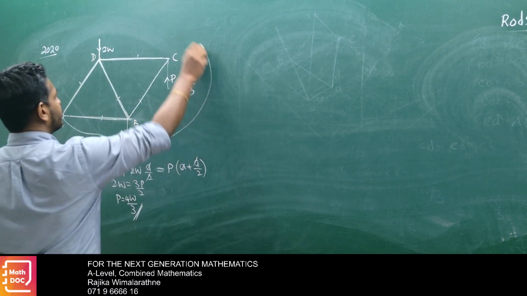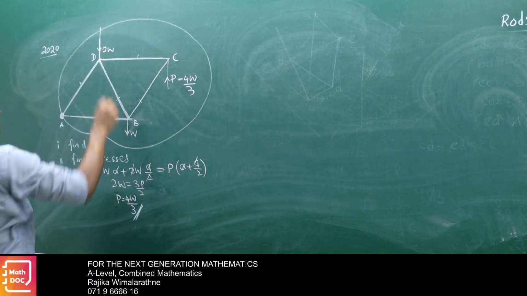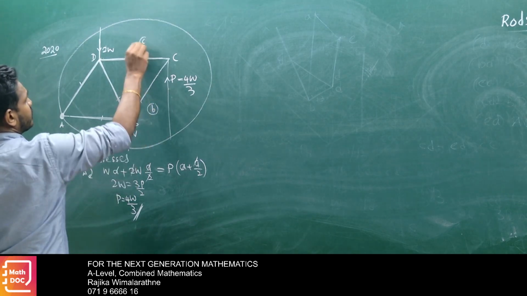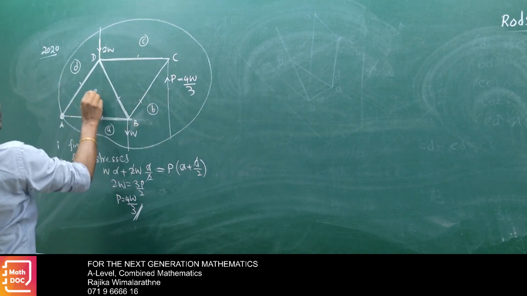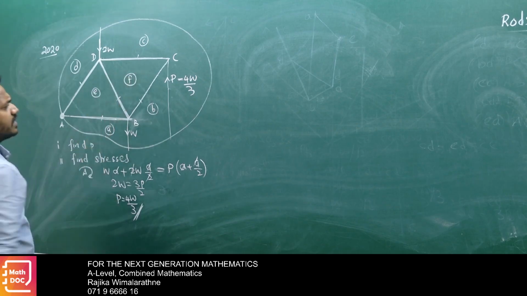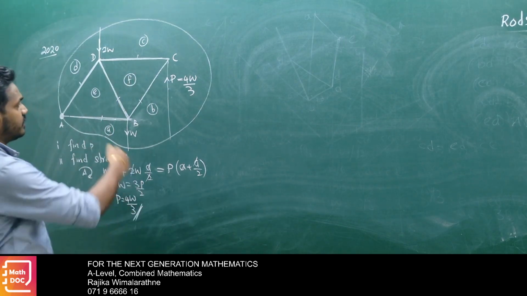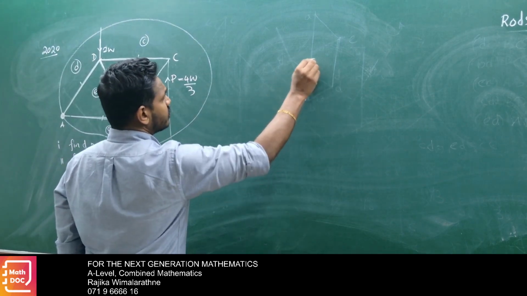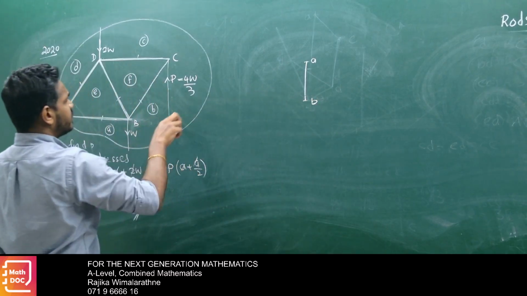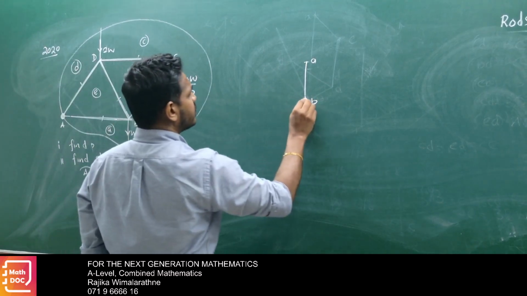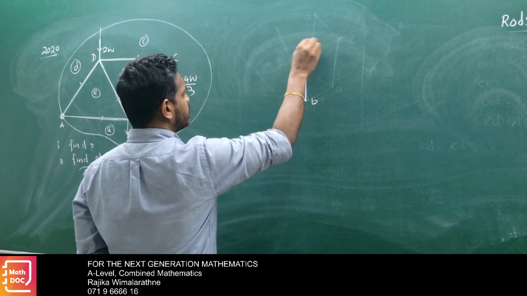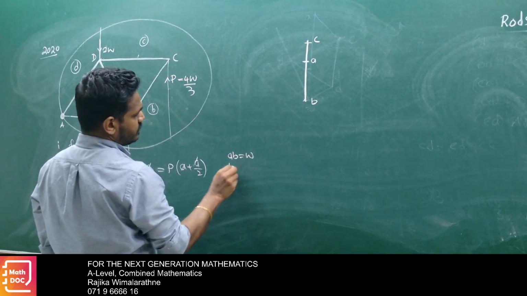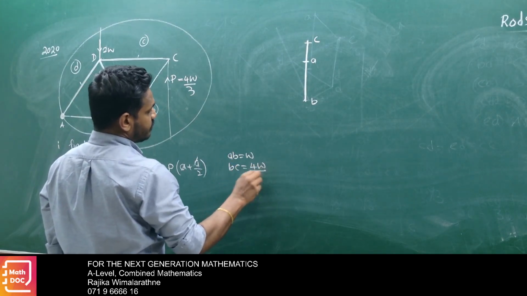Sketch the boundary line. Here we have the vertex, hinge now. Then regions A, B, C, D, E, F. First you cross the known forces: A, B, W; B, C, 4W over 3 upward, then somewhere here A, B, W; B, C, 4W over 3.